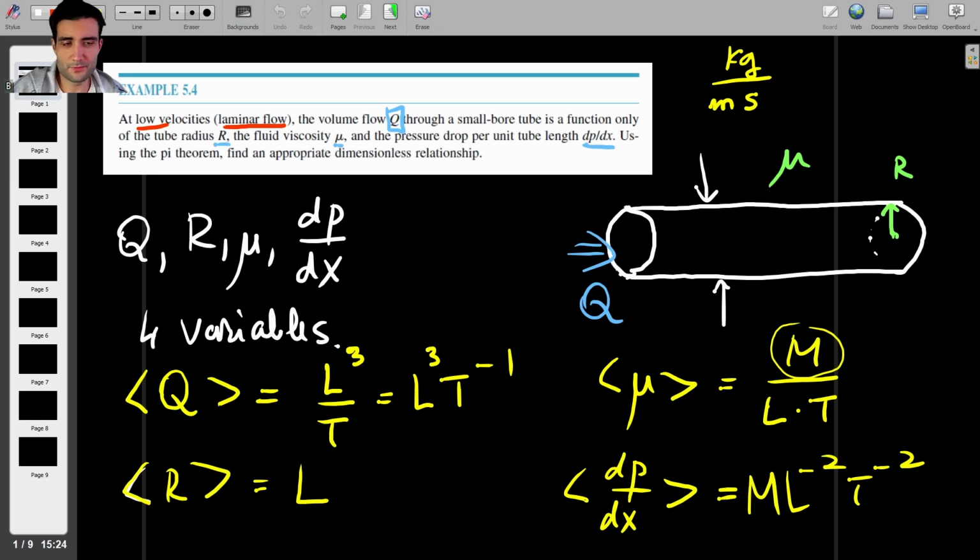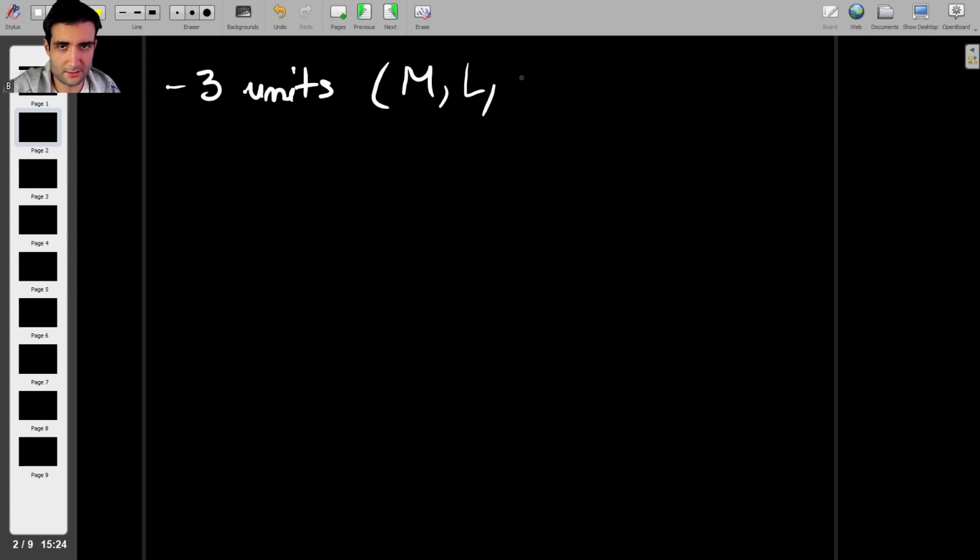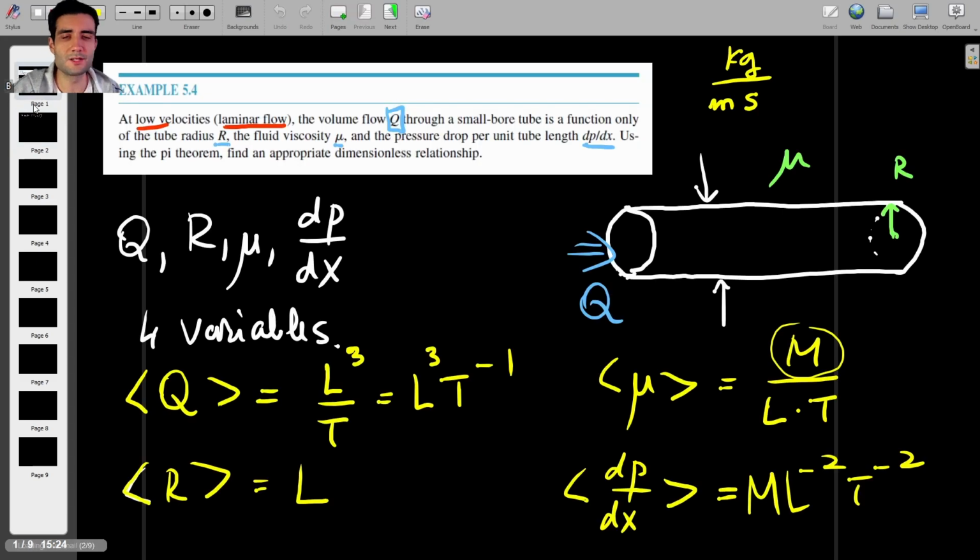Then we count how many independent units we've got, and we have 3 units. Those units are mass, length, and time. So every single variable is expressed in terms of a combination of those three units, right? For example, radius is just length to the power 1.